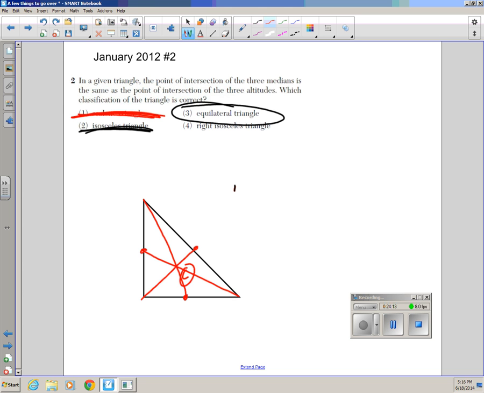Now my altitudes are interesting here. I need to go from the opposite side to get perpendicular. Well, the only way that's going to happen is if I actually draw the side itself. This is an altitude, it's a height. This is an altitude, it's a height. And actually, this is also an altitude, it's a height. They're going to meet right here. That forms the orthocenter. And so that would be out. The orthocenter and the centroid are not the same thing.